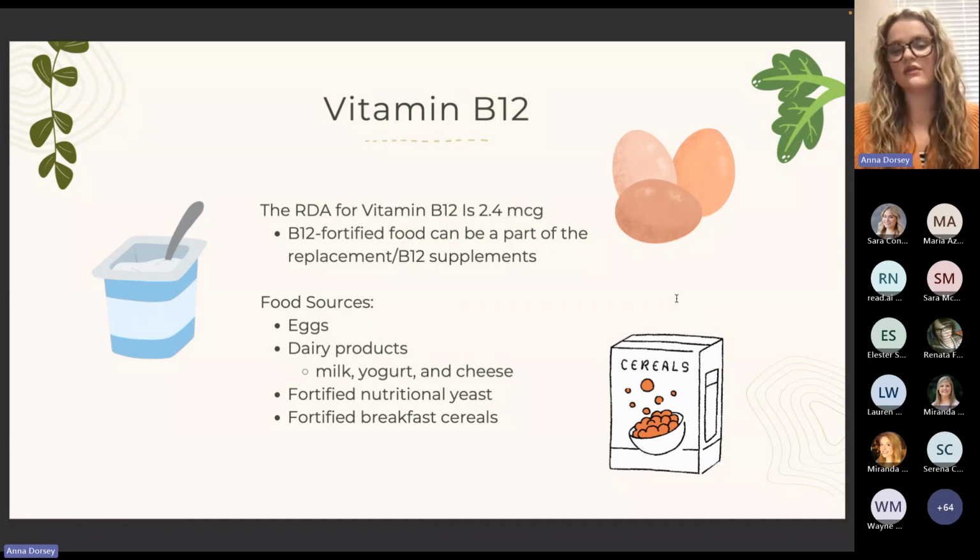Some good food sources for vitamin B12 are eggs, dairy products, milk, yogurt, cheese, all really great non-meat protein sources as well. Fortified nutritional yeast and breakfast cereals are also great sources of vitamin B12 if you prefer not to take a supplement.